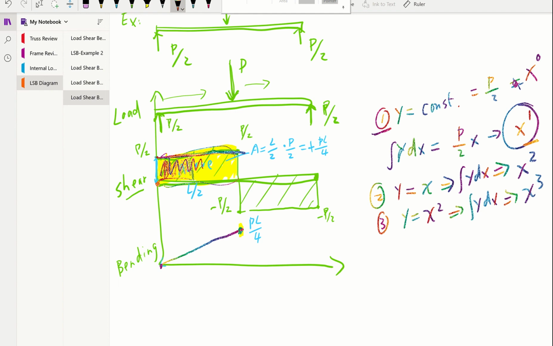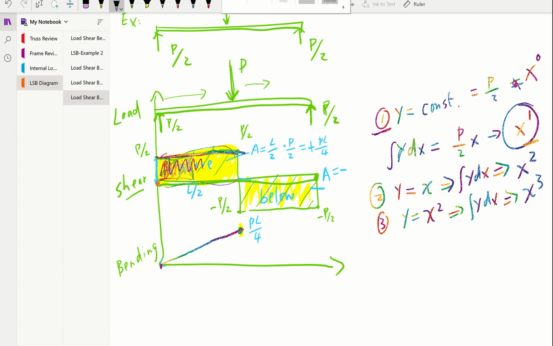Okay? So now, let's look at the second half. What's going to be the area underneath this curve? First of all, this is below, then that's going to be negative. And what is the area of this rectangle?